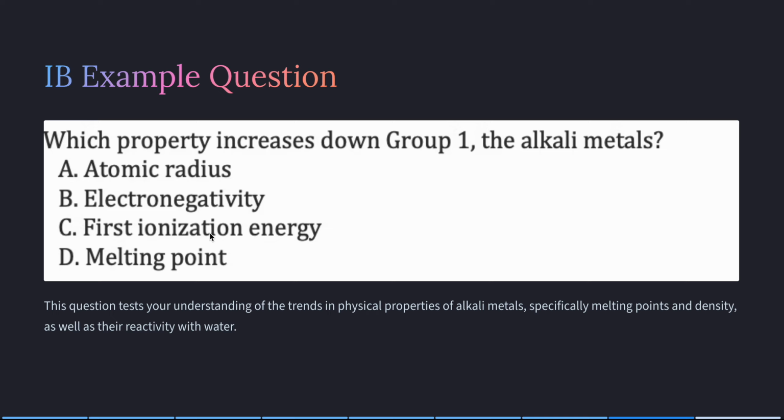First of all, does the atomic radius increase down the group? Yes, it does. Electronegativity, first ionization energy, and melting point are three things which do not increase down the group. Rather, melting point decreases down the group for alkali metals. So the answer for this is A, atomic radius.